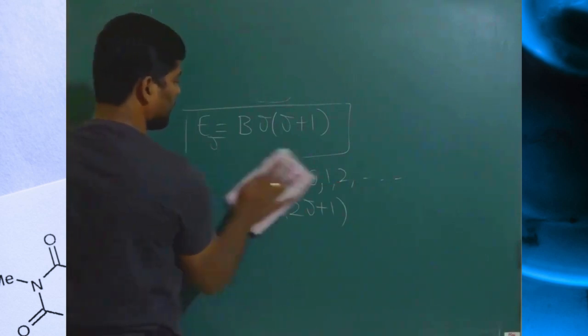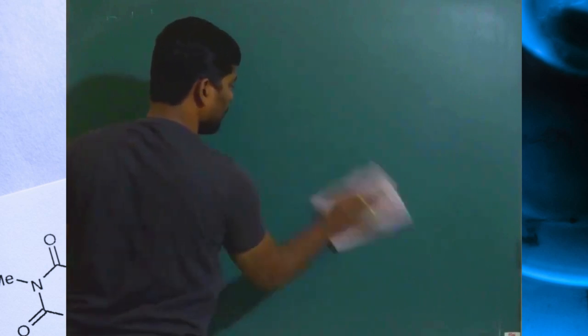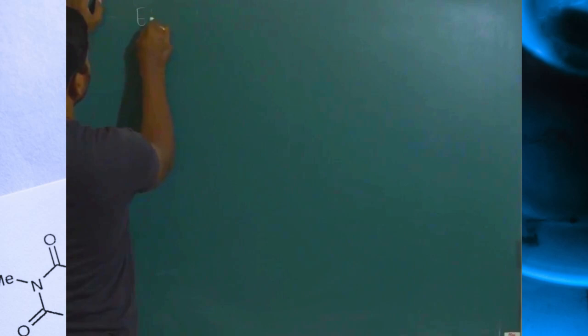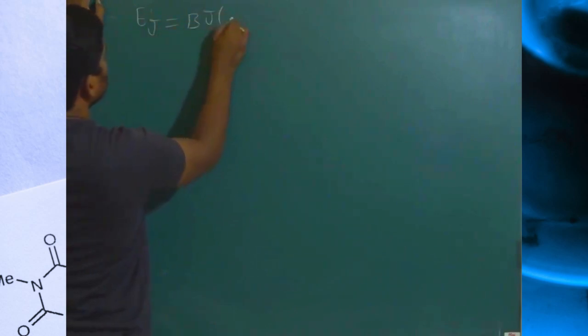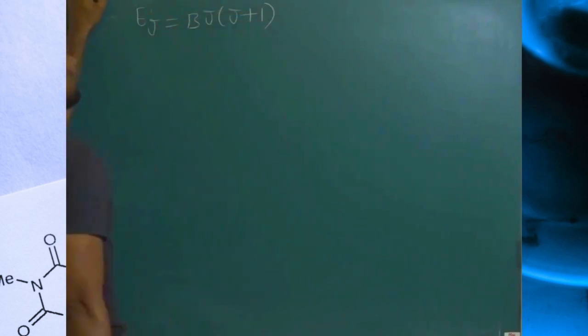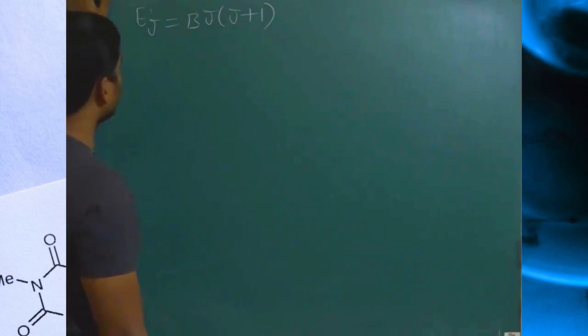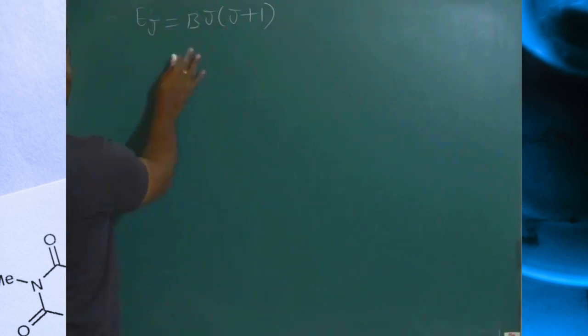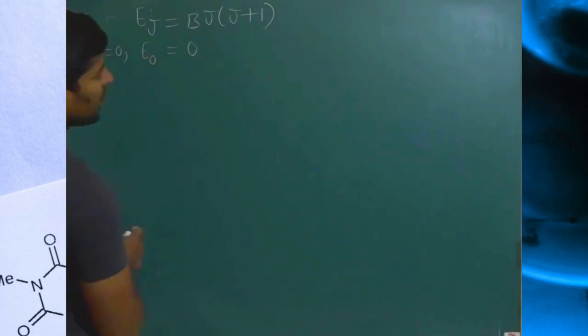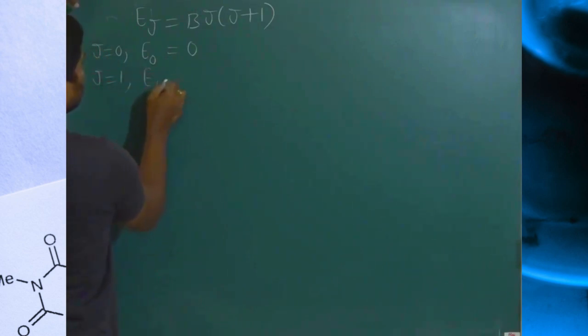2J plus 1. Okay, now if you see some of the allowed energy levels, we have EJ is equal to BJ into J plus 1, in centimeter inverse. If you put J is equal to 0, then we get E0 as 0, so zero point energy is 0. If you take J is equal to 1, E1, substituting 1 plus 1, that is 2B.